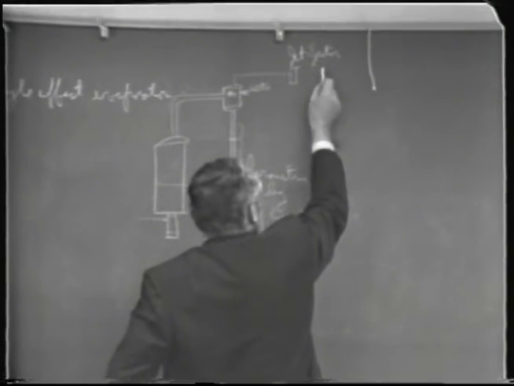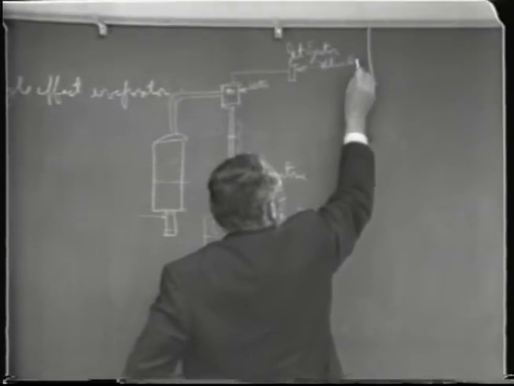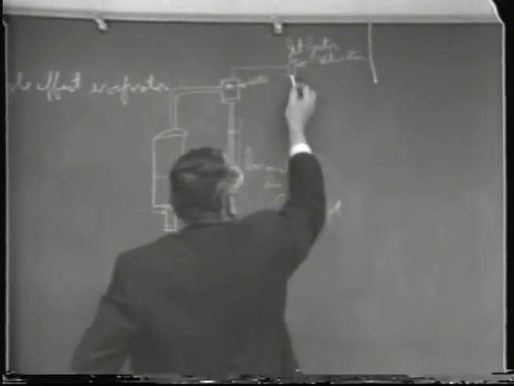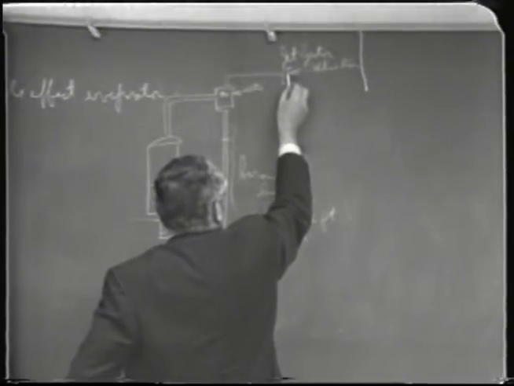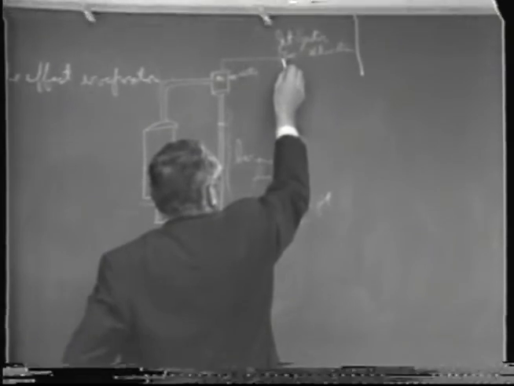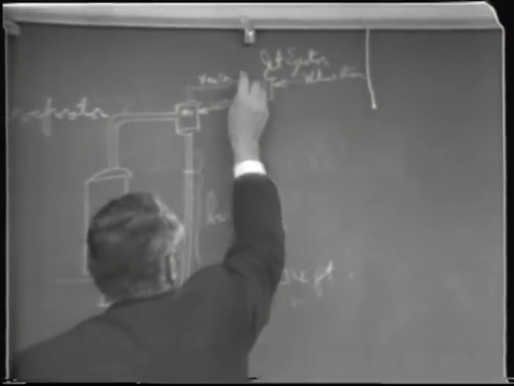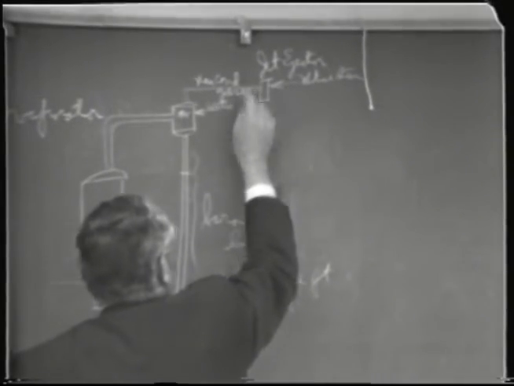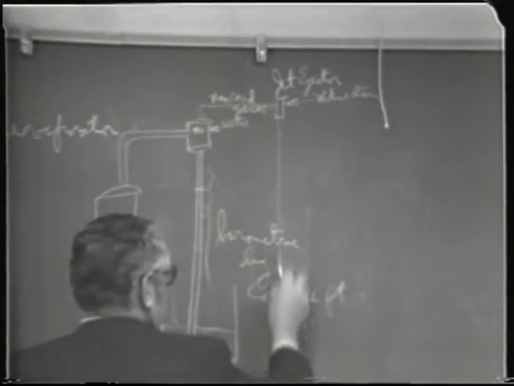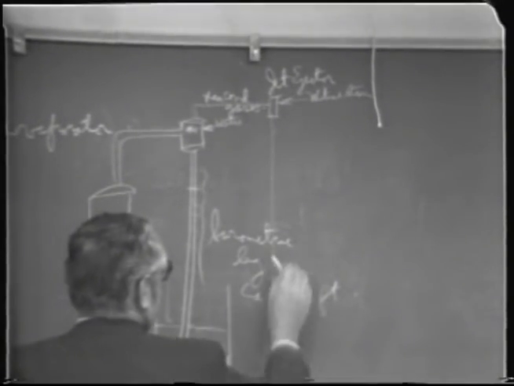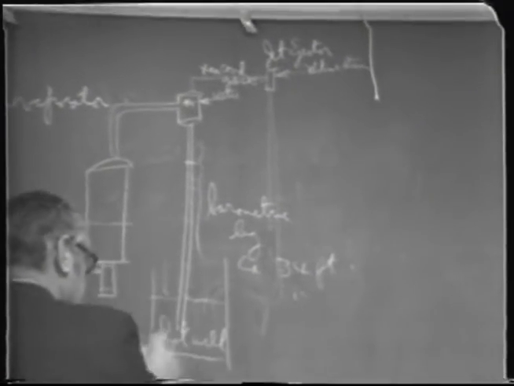And there'd be motive steam going in here, and this entrains the non-condensable gases. And usually there's another hot well down here, or this tube here delivers into this one or the other.